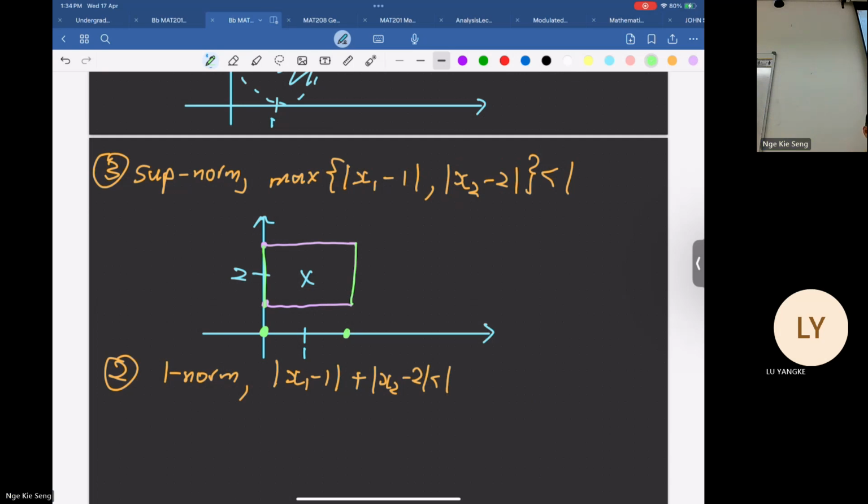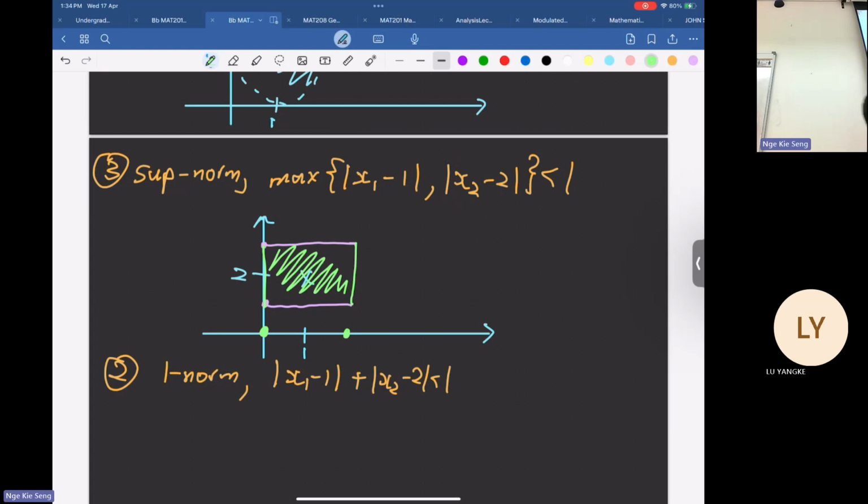If this is equal, this is the boundary, correct? This boundary will satisfy maximum equals 1. But we want something strictly less than 1. You can verify that; it should be the region inside here. Does it make sense?